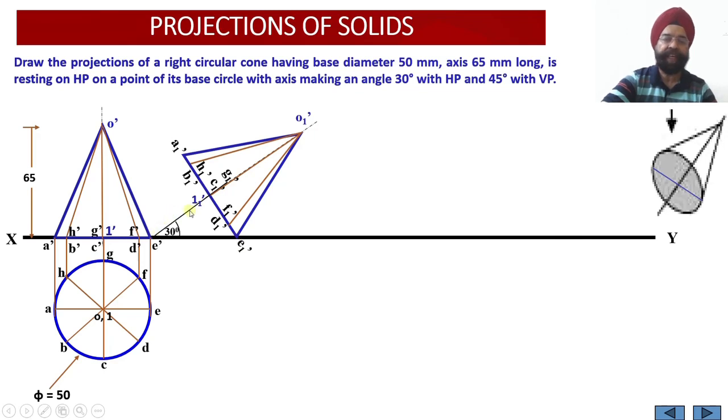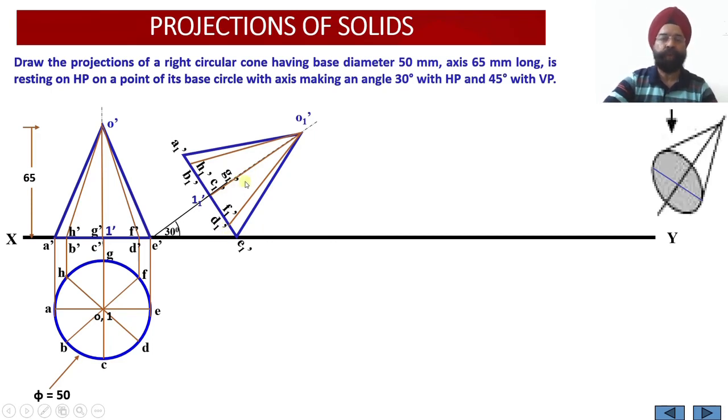Otherwise, if I tilt it with respect to this 30 degree, then I'll have to manage this height so that this corner should be resting on the XY line. That will make my job tedious. So better is you shift it with respect to the base and then remove this angle.